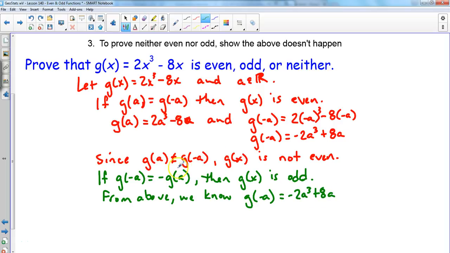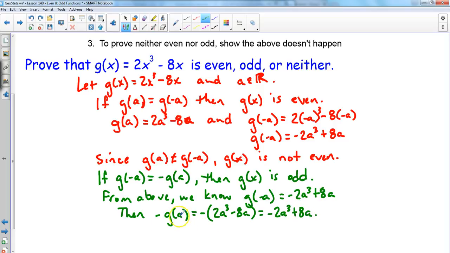So now we need to figure out what negative g of a is. And that's just equal to the opposite of whatever that function is with a plugged into it. So it's the opposite of 2a cubed minus 8a. Simplify that, distribute your negative here, and you get negative 2a cubed plus 8a.